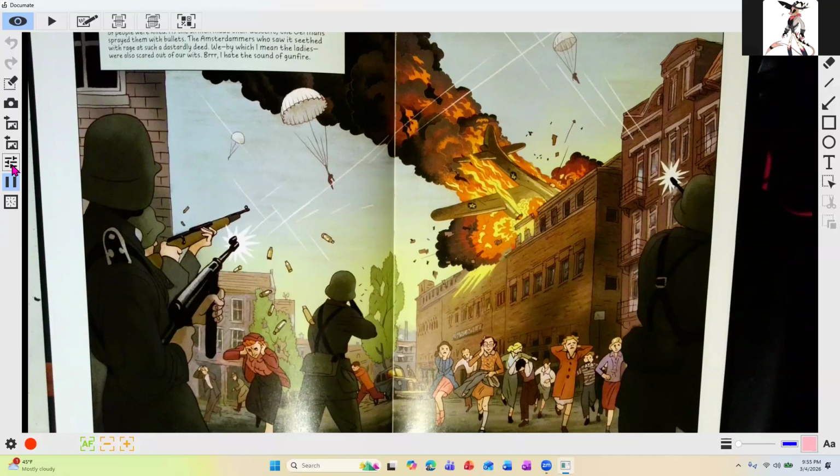So we can see the sky is blue right now. But as I'm predicting, all of the black smoke will probably fill the sky. Foreground would be the soldiers, and then I would say the people running, but they're not as close to us as the soldiers are.